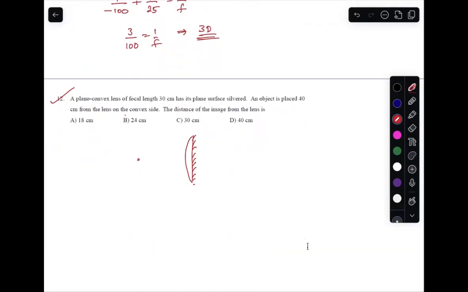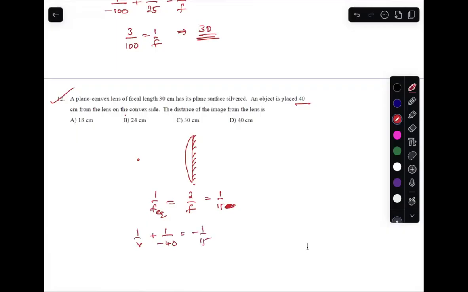Powers add, that's all. The plane part won't contribute any power. So the total power is 2 by f here. So 1 by f equivalent is 2 by f, which means 1 by 15 centimeter. Now, where are you placing the object? 40 centimeters. 1 by v plus 1 by minus 40 is minus 1 by 15.